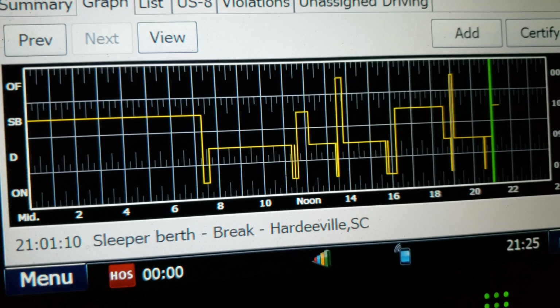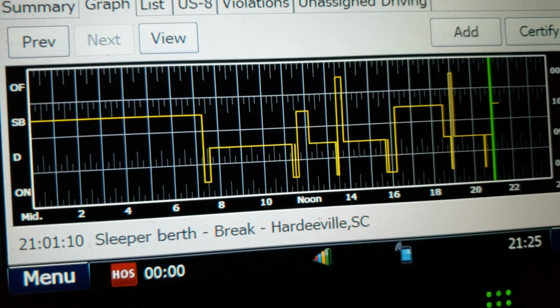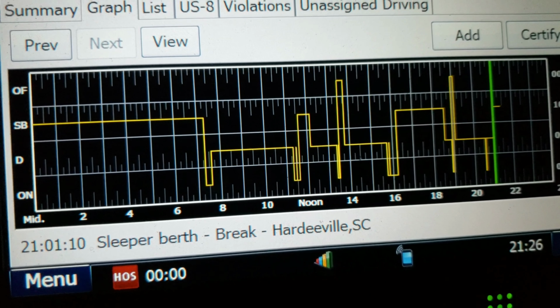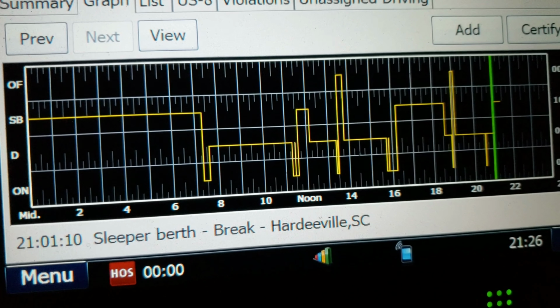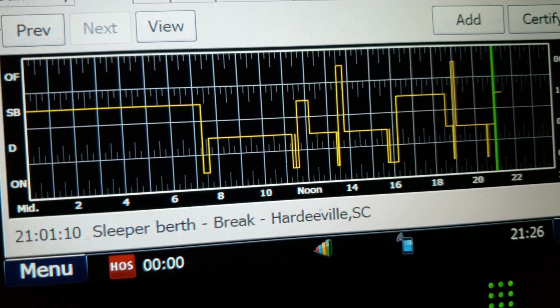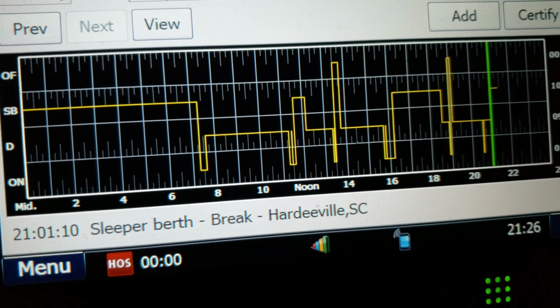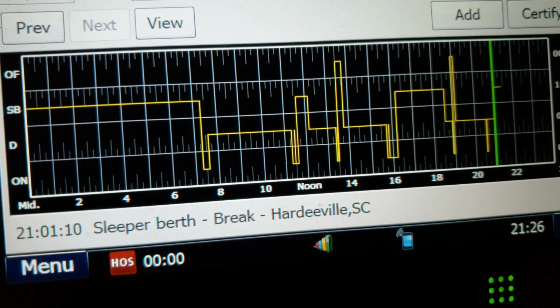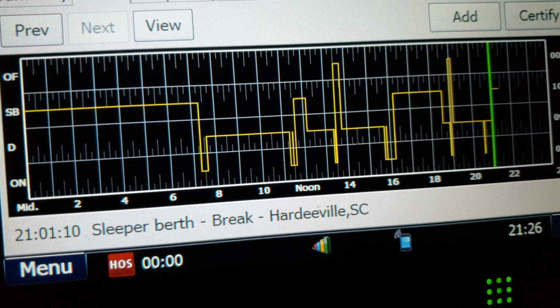And the 8-hour break gotta be in the sleeper berth. The 2-hour break could be in the sleeper berth or in the off-duty status. Now once I take the 8-hour break and I get back 8.5 hours, I have 8.5 hours of drive time. So that'll get me to the customer, and I could take another 2-hour break at the customer.